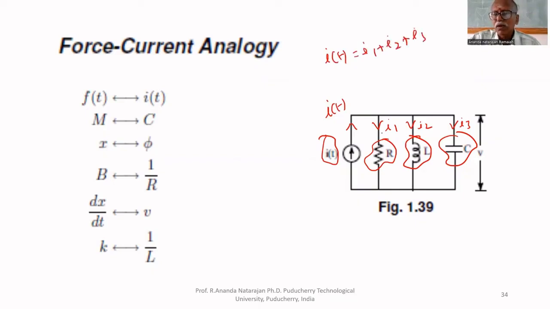What is the current through each path? All are in parallel. That's why voltage is the same. Voltage across each element is the same.